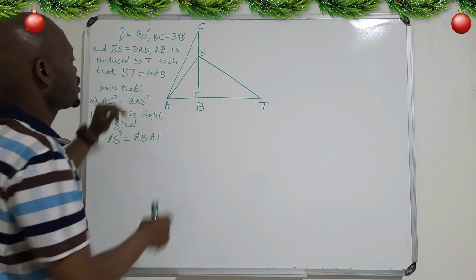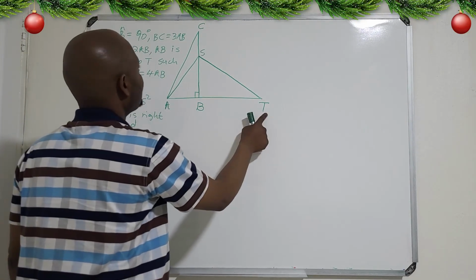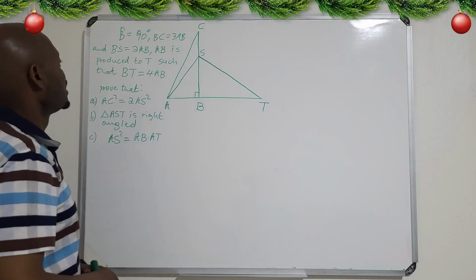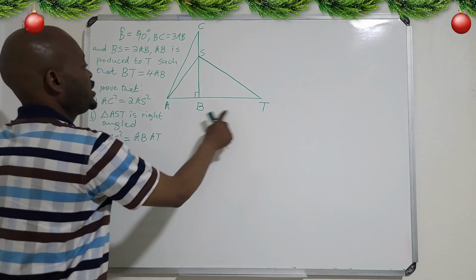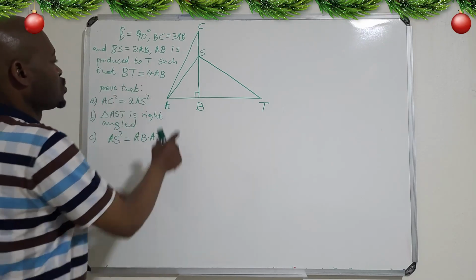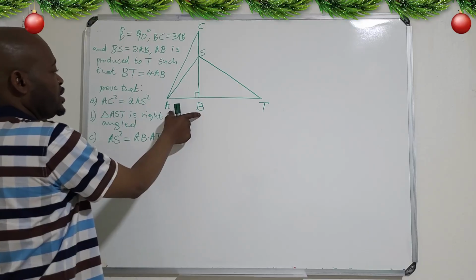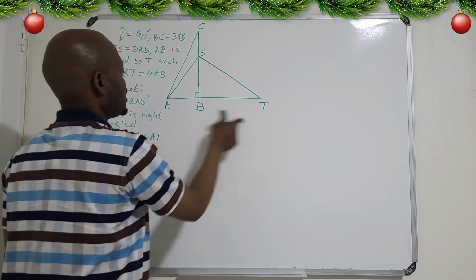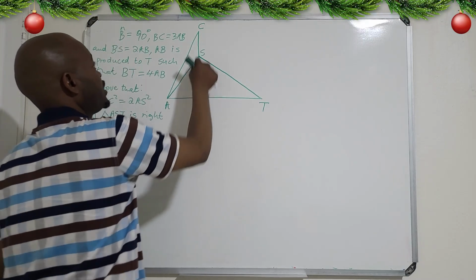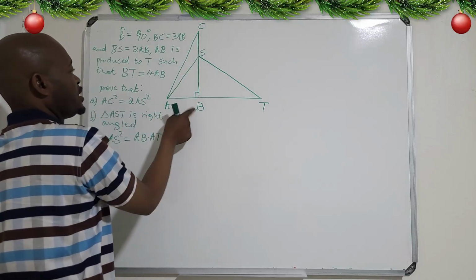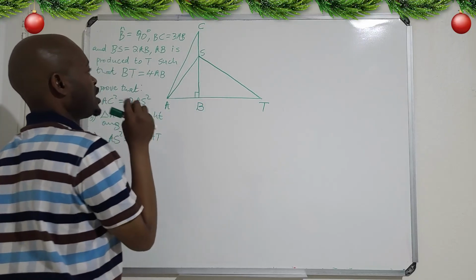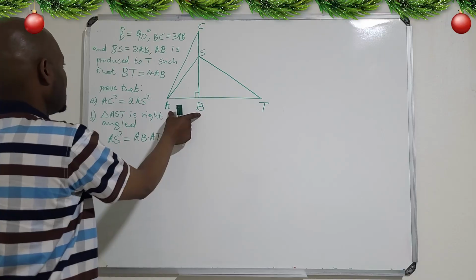AB is produced to T such that BT is equal to 4 times AB. So this is 4 times that, this is 3 times that, this is 2 times that.